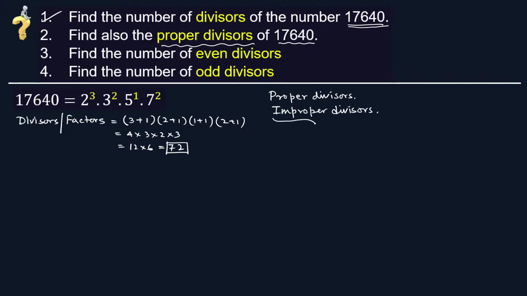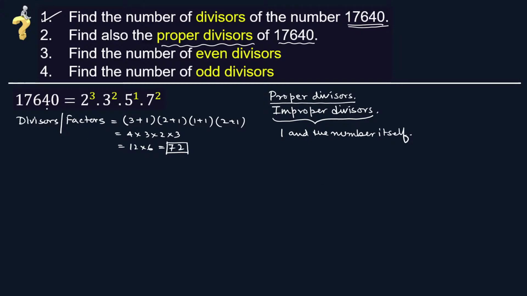For any natural number, there are always 2 improper divisors. And these 2 improper divisors are 1 and the number itself. Is it clear? So how many proper divisors are there? The total divisors minus the number of improper divisors will give us proper divisors.